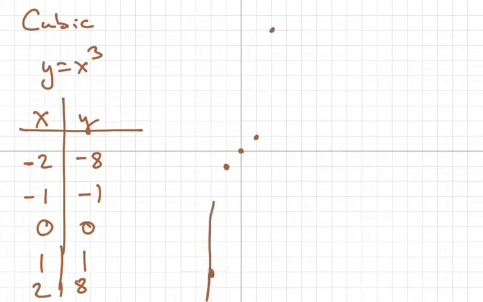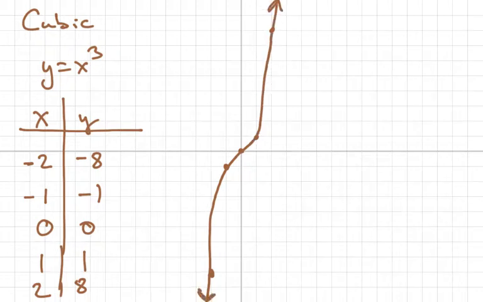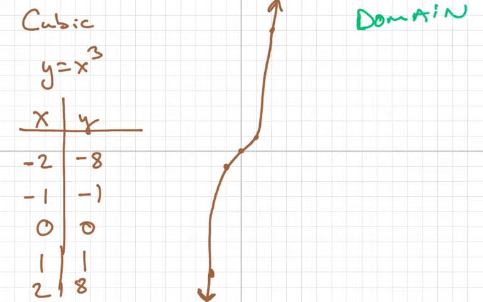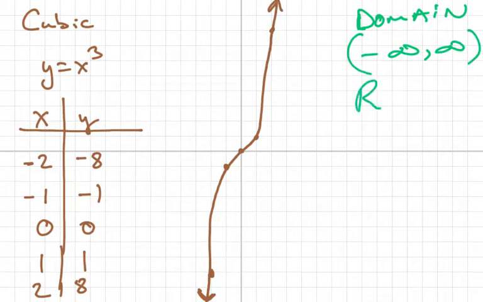And so we have something like this. And that's it. Now, this graph is really great for domain and range because you can see it shoots to the left and right forever and ever. And it also goes clearly up and down forever and ever. So both the domain and the range are the same thing. It's negative infinity to infinity.